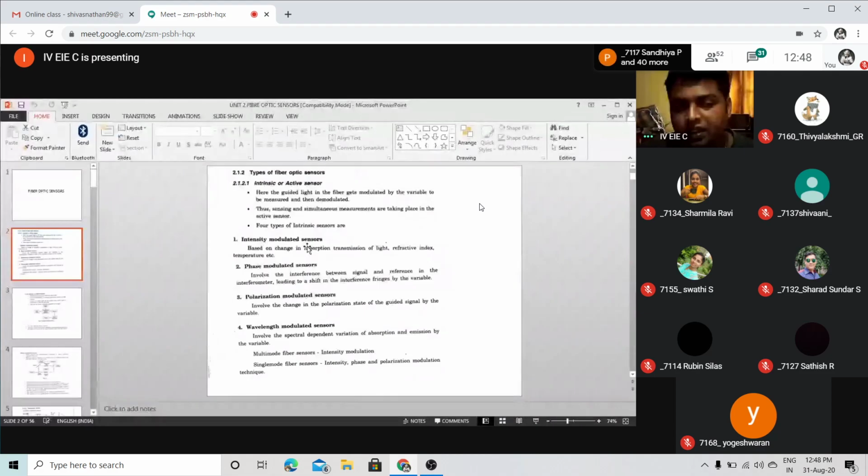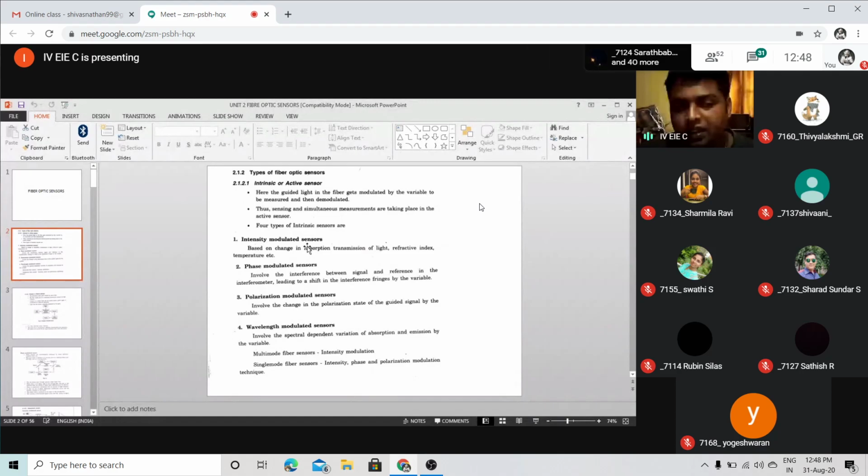The first kind is the basic thing, intrinsic or active sensor. Under intrinsic active sensor, we have four kinds of measurement: intensity, phase modulation, polarization, and then wavelength modulation. So these 4 come under the types of measurement under the intrinsic or active sensor kind. Clear? Am I clear for everyone?